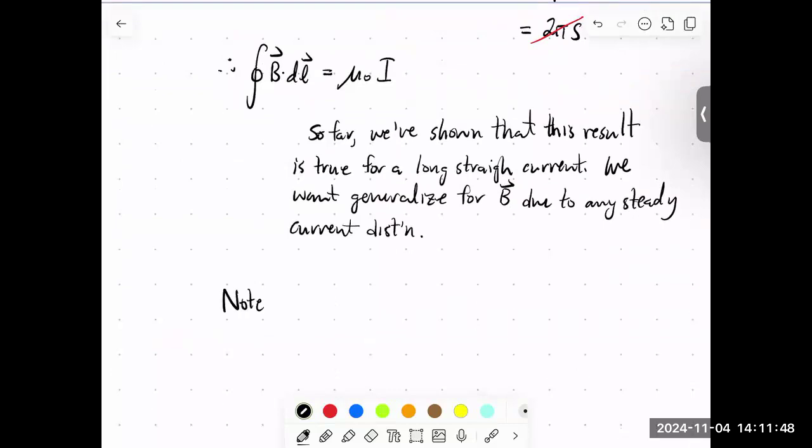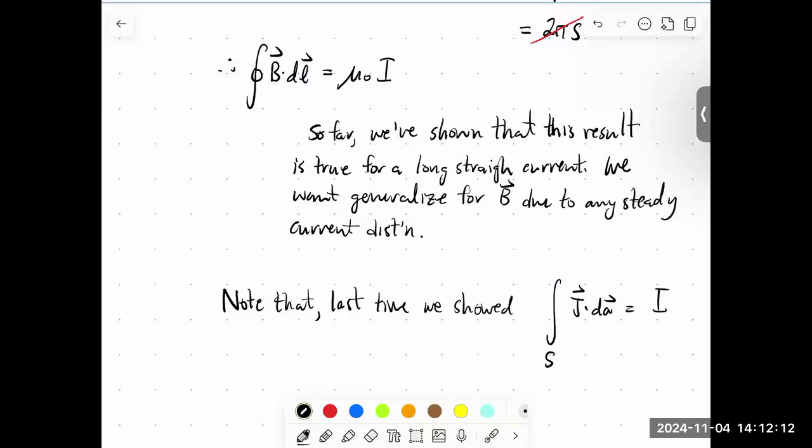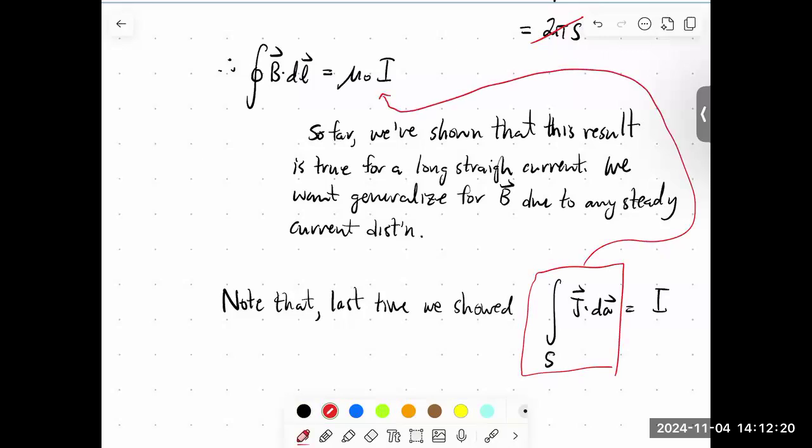Note that last time we showed that the integral of J dot dA over some surface S was equal to I. So I want to use this expression for our I, and then here we're going to apply Stokes' law.